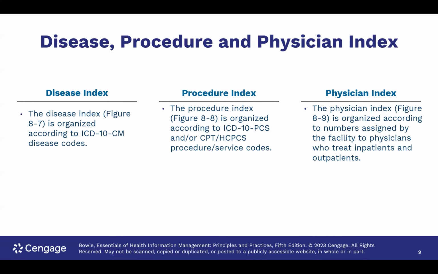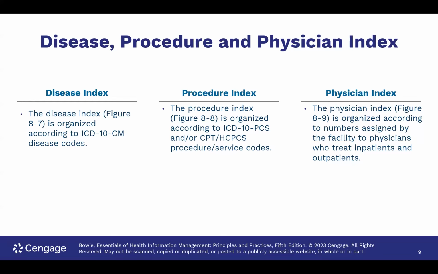Last slide before we go on, I want to talk about the disease index, procedure index, and physician index. You can think of it this way: in a disease index, we're going to have all the different diseases that we have in the hospital or healthcare facility, and it's going to be organized according to each unique ICD-10-CM code.